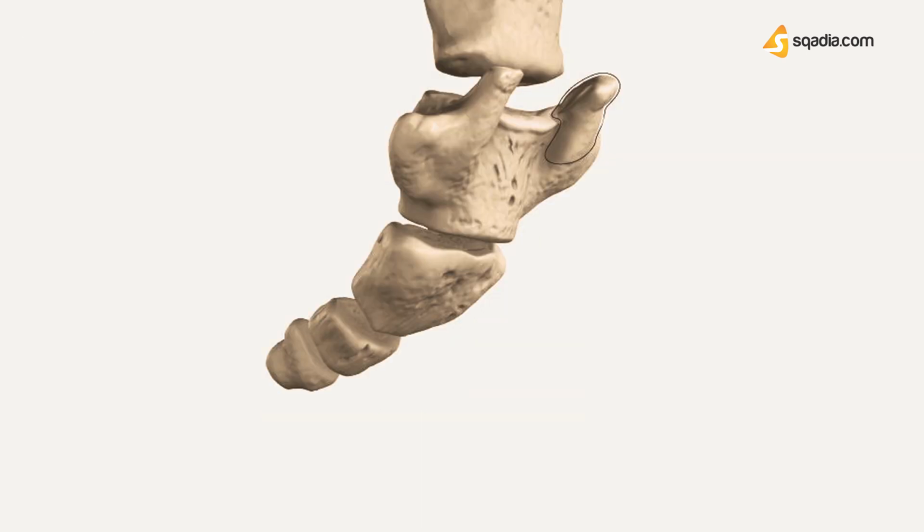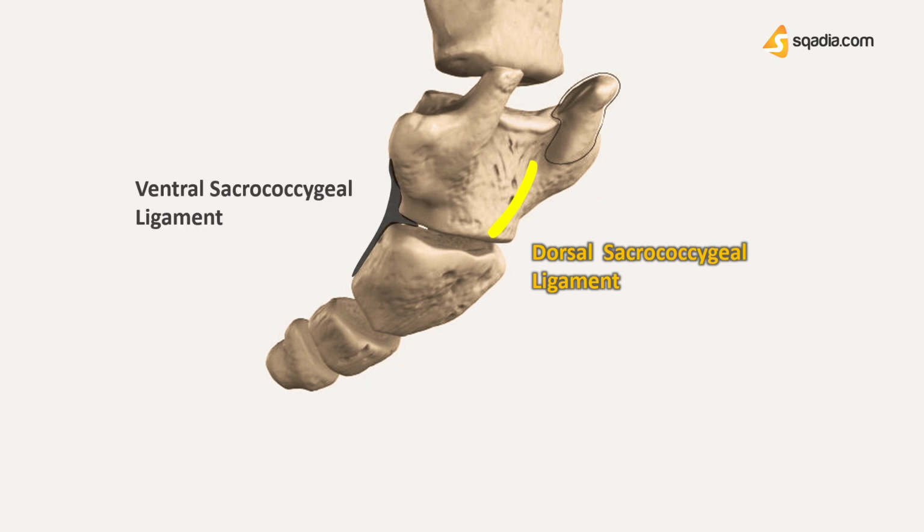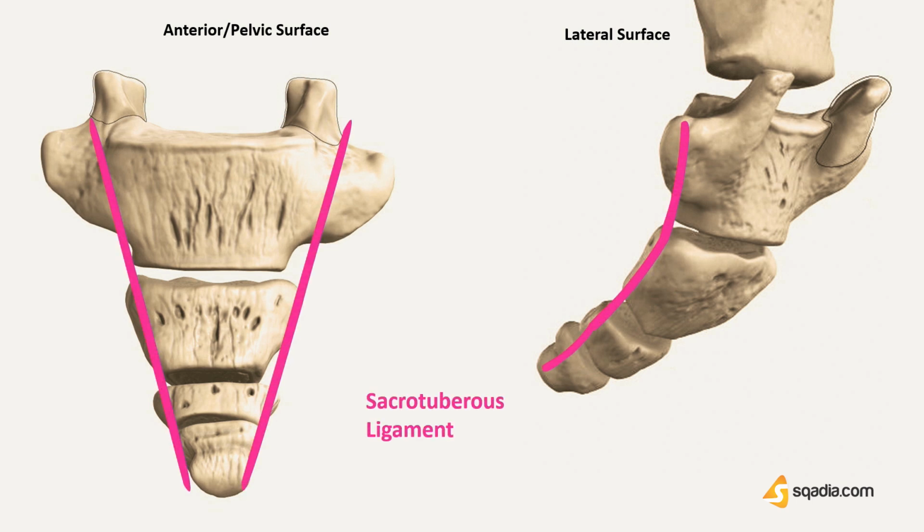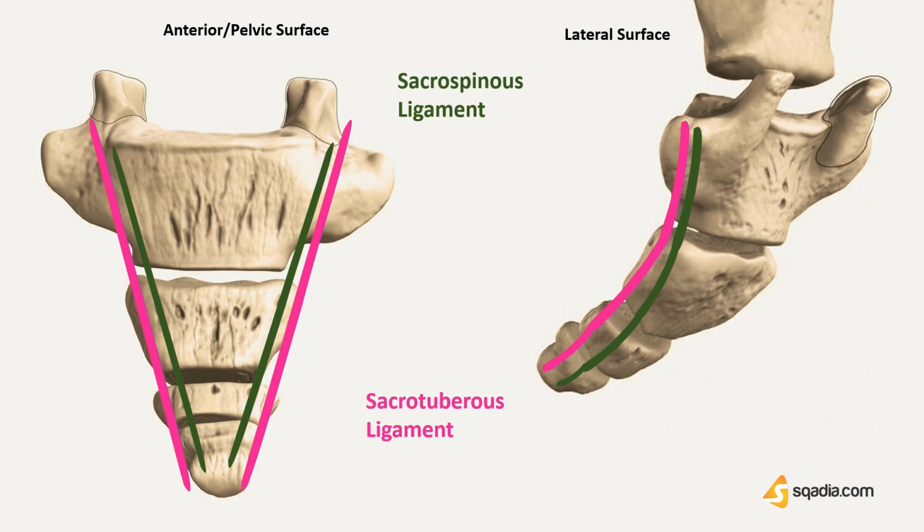Then we have the dorsal sacrococcygeal ligament, which gets attachment at the first piece, and the ventral sacrococcygeal ligament over the first two pieces. The lateral surfaces provide attachment to the sacrotuberous and the sacrospinous ligaments as shown here.